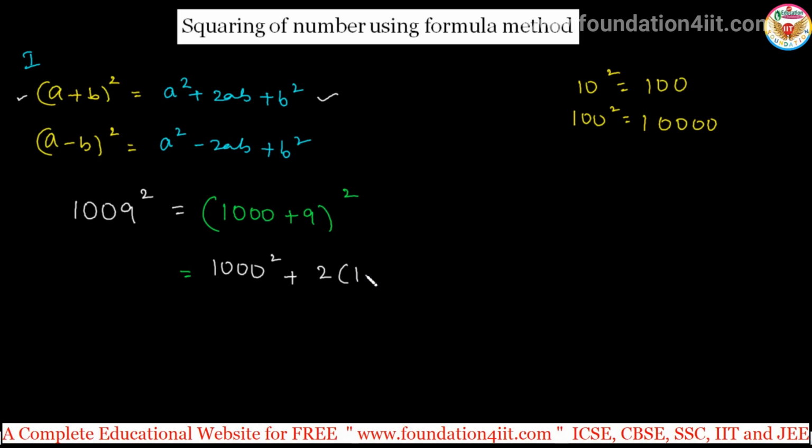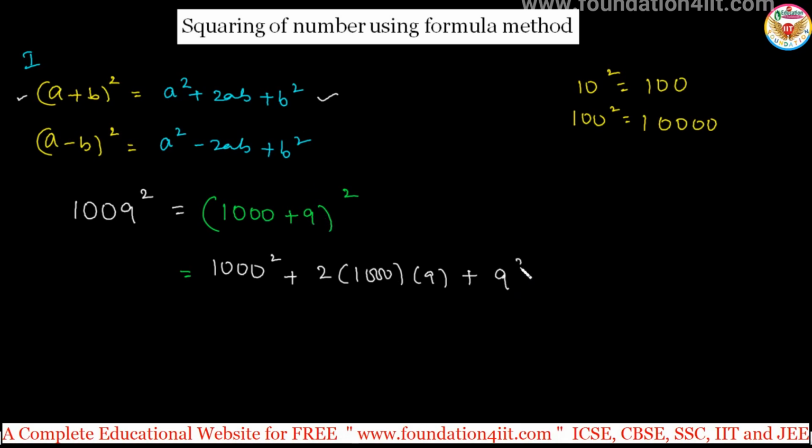So 2 into 1000 into 9 plus 9 square, b square, the second number square. Generally when you are doing this many steps, you can use it only for practicing. 1000 square, after 1 is 1, 2, 3, 4, 5, 6 zeros, plus 2 into 1000 into 9. 2 into 9 is 18, into 1000, 18,000, plus 9 square is 81.